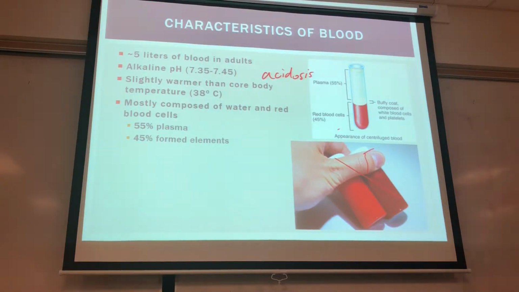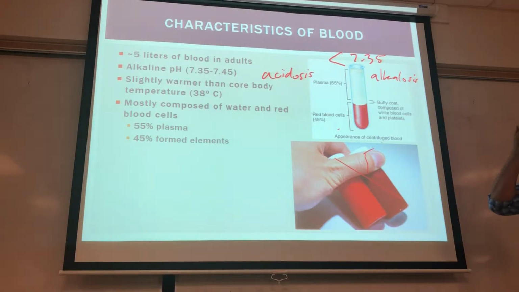Acidosis would be less than 7.35. Anything above 7.45 would be alkalosis.